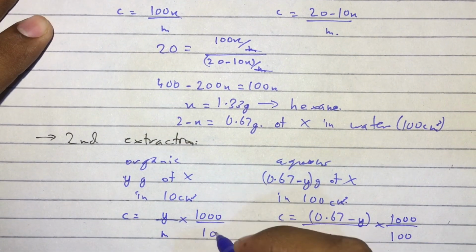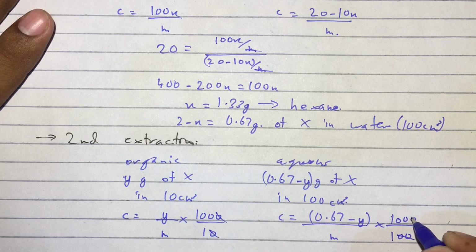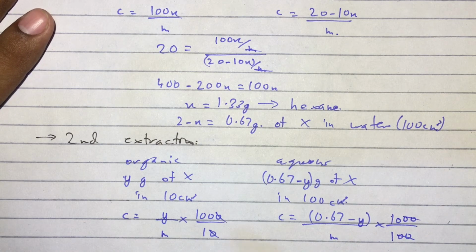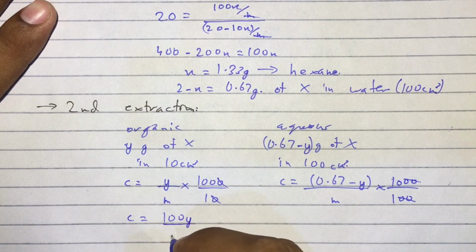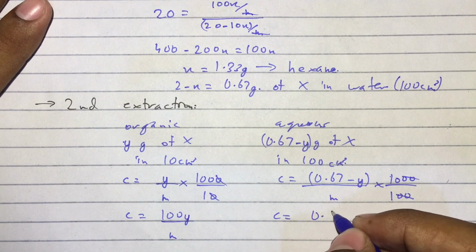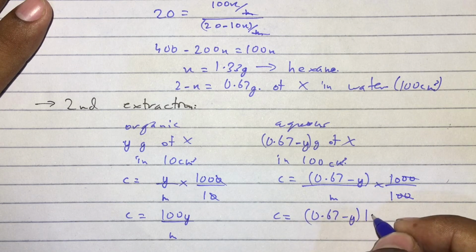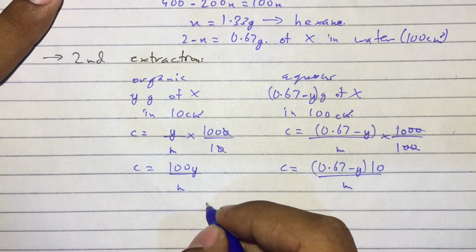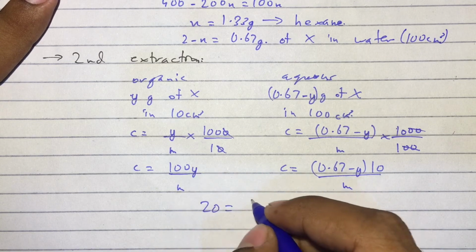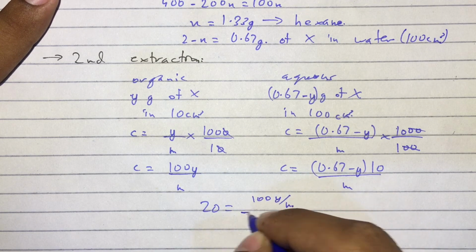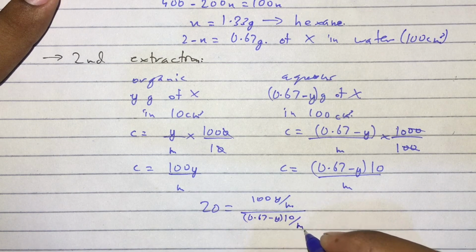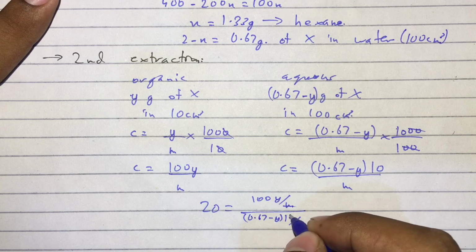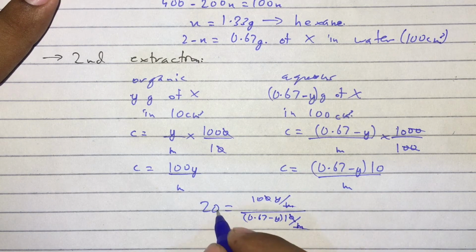So it's basically 100y upon m, and here it is 0.67 minus y times 10 upon m. Again, KPC, that is 20, equals 100y upon m upon 0.67 minus y times 10 upon m. M gets cancelled, 10 and 10 is cancelled. Now shift this over here.